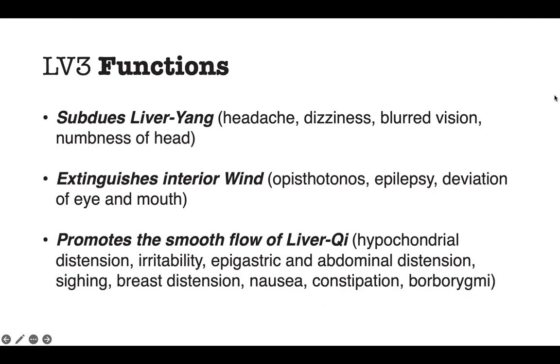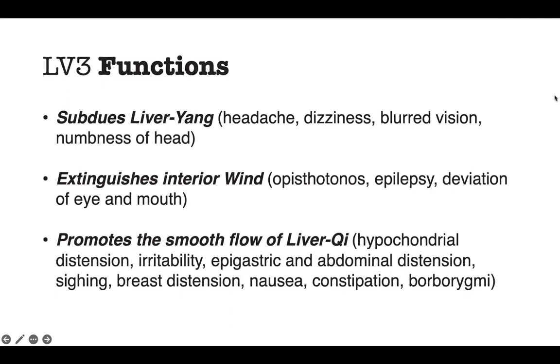Subdues liver yang. So it's very good for headache, dizziness, blurred vision, numbness of the head. Liver 3 extinguishes interior wind. Very effective for opisthotonus, epilepsy, deviation of the eye and mouth.